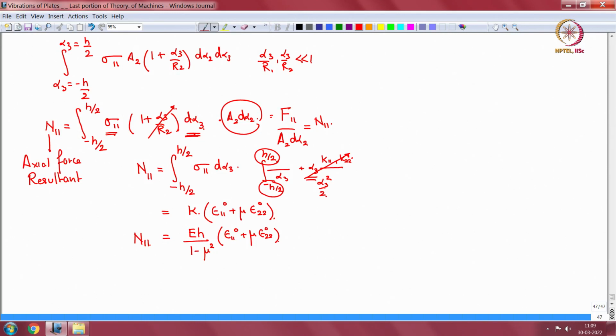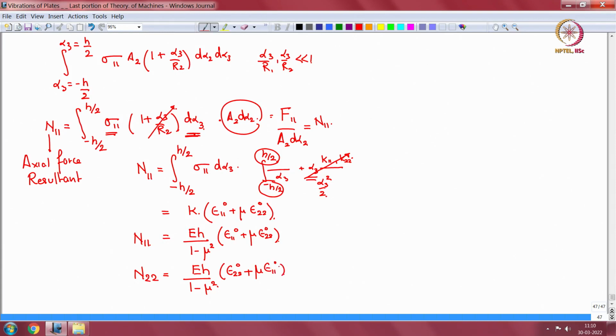Similarly, N22 becomes E h by 1 minus mu squared times (epsilon 220 plus mu epsilon 110).